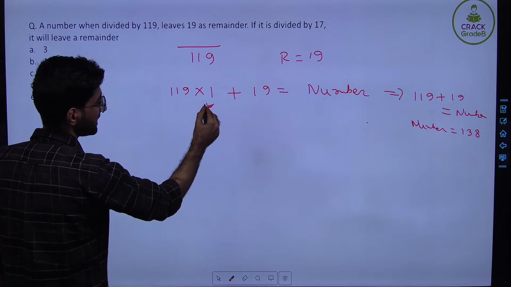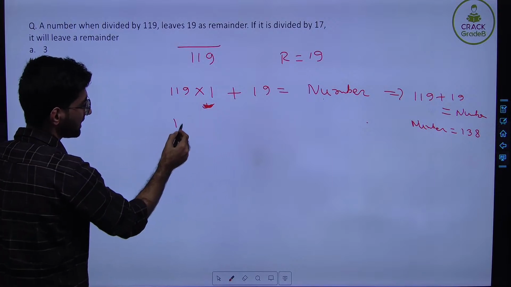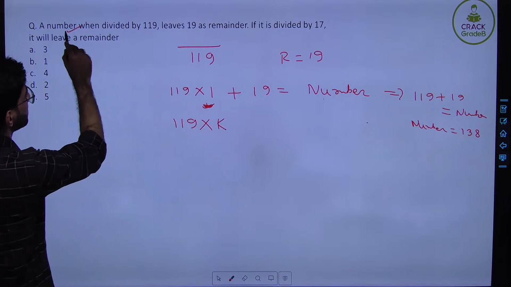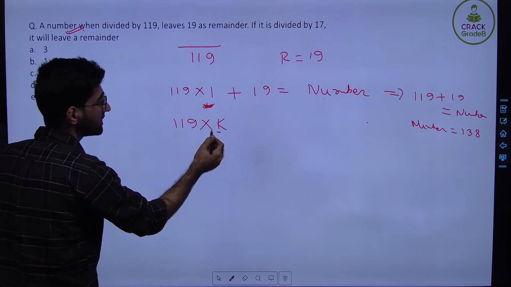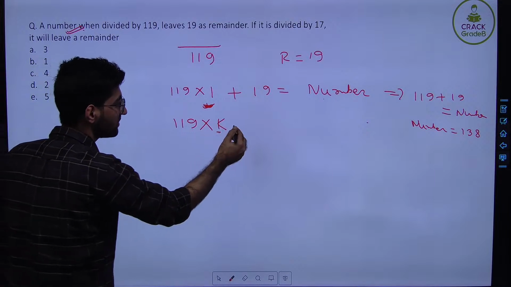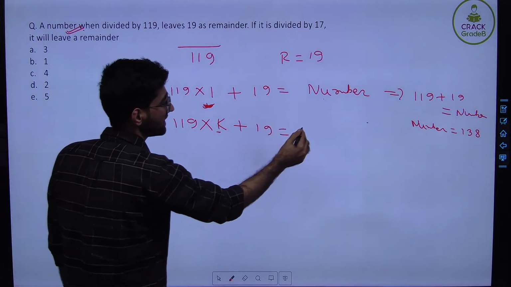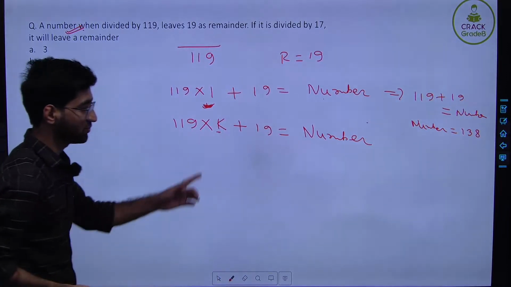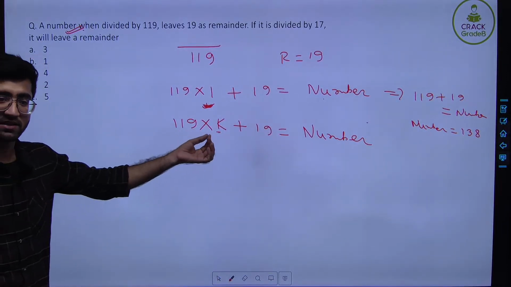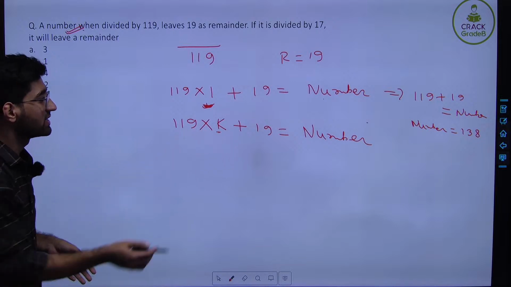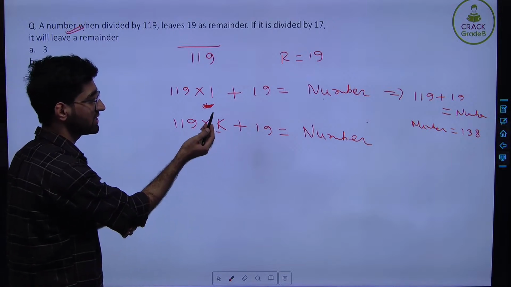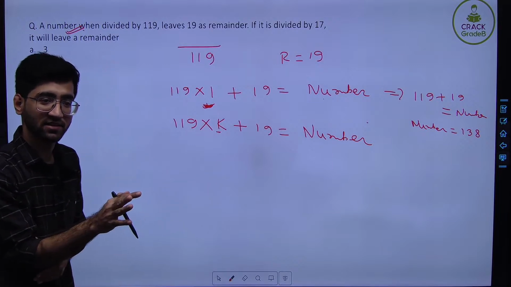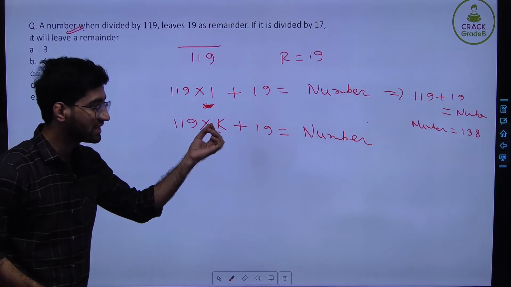Let us assume that you are dividing the number by 119 k times, plus 19, that will be equal to the number. Are you able to get this point? You can put the value of k as 1, 2, 3, 4, 5, 6, 7, 8, 9, anything. You can even put the value of k equal to 0.